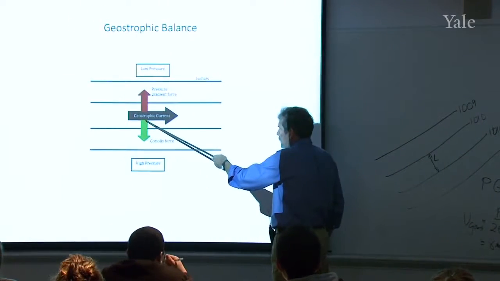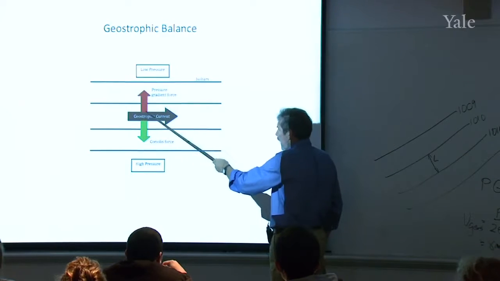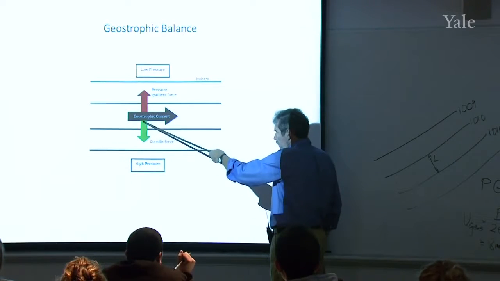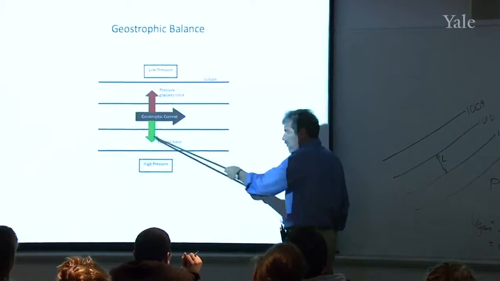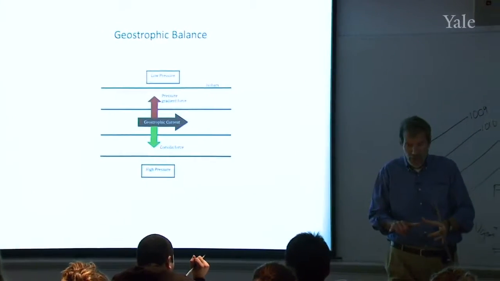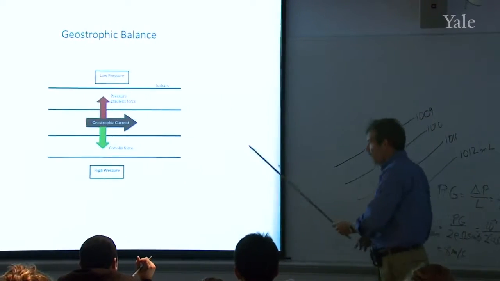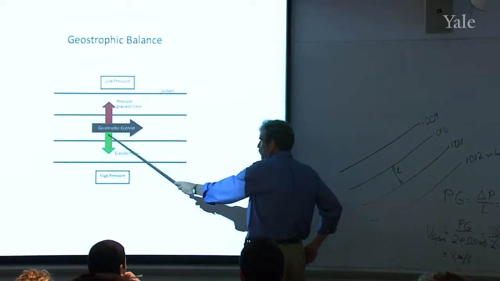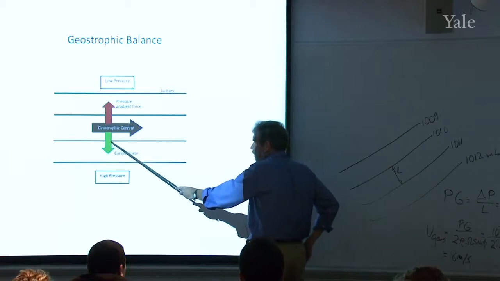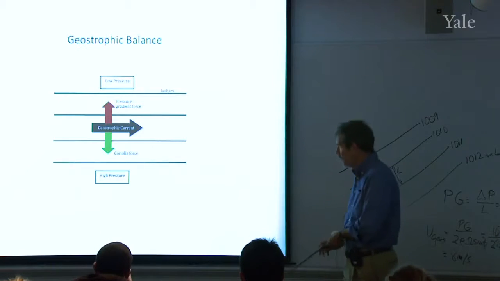Now, if it's in geostrophic balance, it has to have a Coriolis force that is equal and opposite to that. This is a vector balance, so the magnitude and the direction have to be exactly opposite to that. And now here's how the reasoning goes.